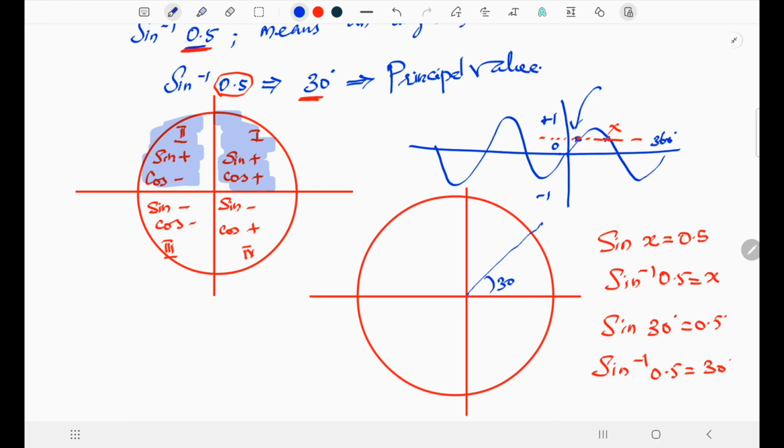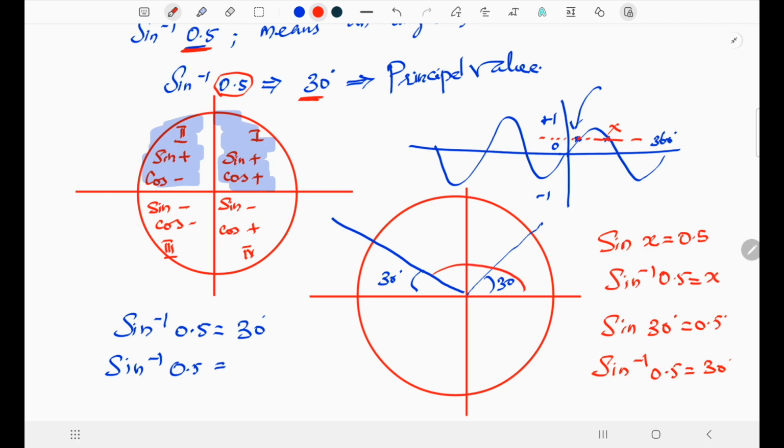Okay, where will be the other angle? In the second quadrant, the same 30 degree coming right from here. So sine inverse of 0.5 gives one angle of 30 degree, and for the other place you need to find the angle from here to here. What is the angle from here to here?